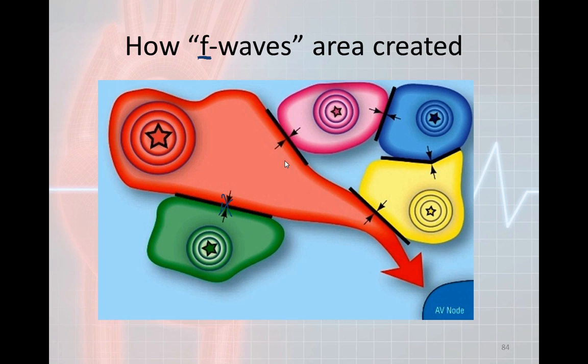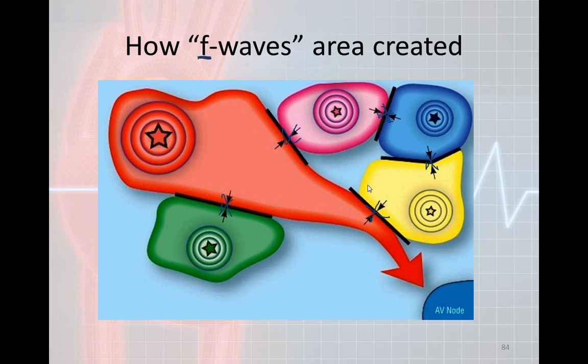It canceled each other out. Same thing with the pink. It canceled itself out. It ran into the blue. It canceled that out. The blue ran into the yellow, ran into the pink. Those ran out. Fortunately, the red was able to make it down a little further, so when the yellow star, which is another ectopic focus, depolarizes, it gets canceled out because it ran into that.